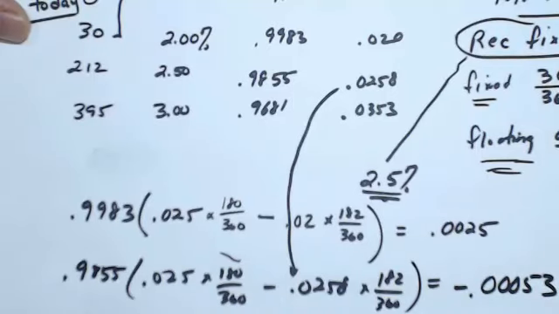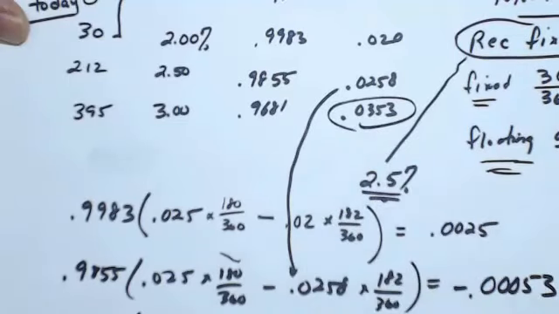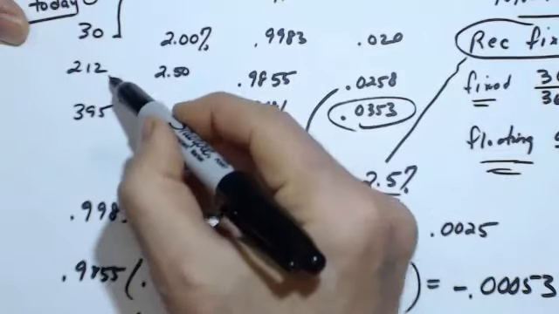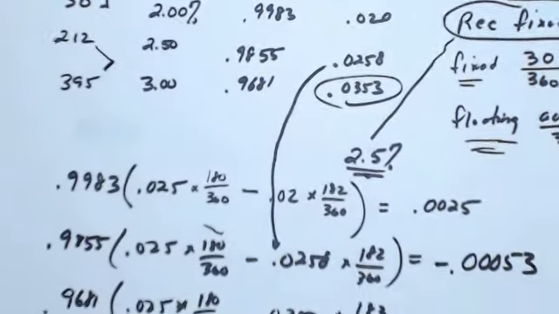And then the last cash flow, the discount rate. Here's the floater, 183 days between here and here.